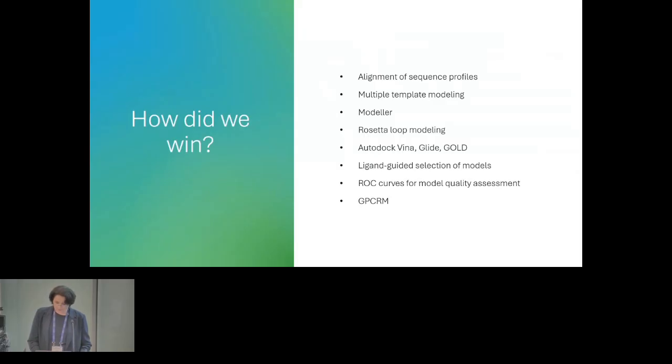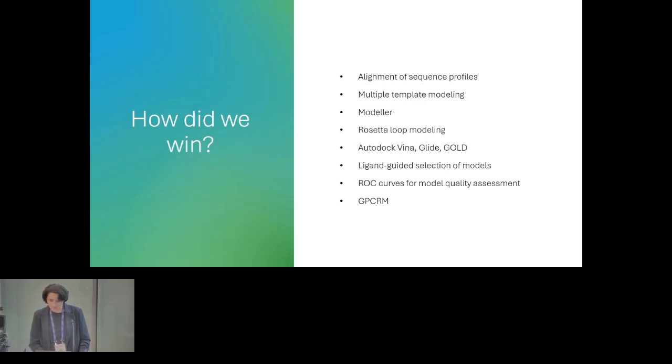But like many others, I used Modeler and Rosetta for loop modeling. If you check our results from GPCR Dock 2013, you'll notice that some of our models are not as perfect as they could be. This is because we treated receptor models just as tools for predicting correct ligand binding modes, and protein structure was not the main aim here.